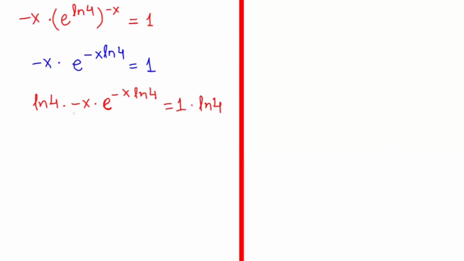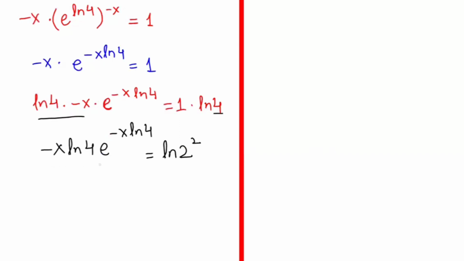Now here both of these are multiplying, so -x ln of 4 e to the power of -x ln of 4 is equal to ln of 4, and this I will write in the form of power.